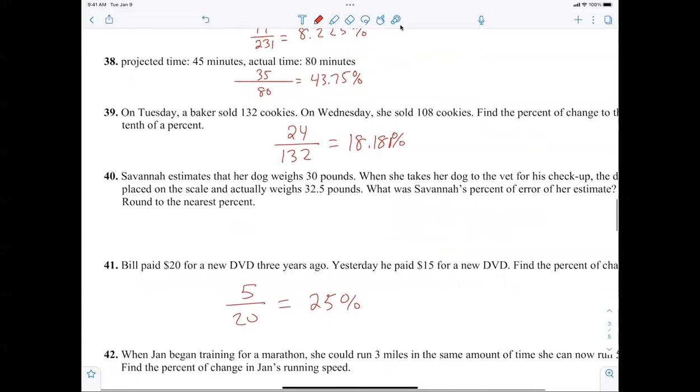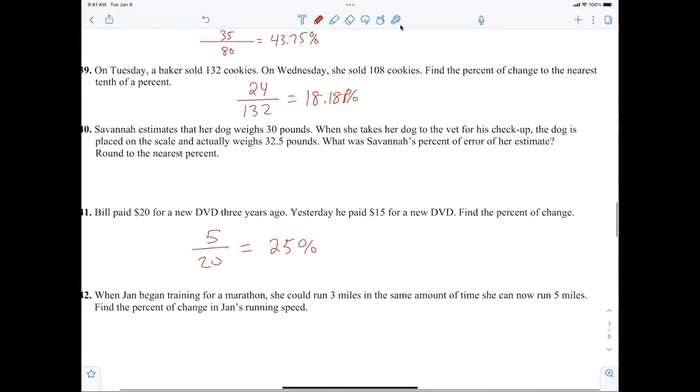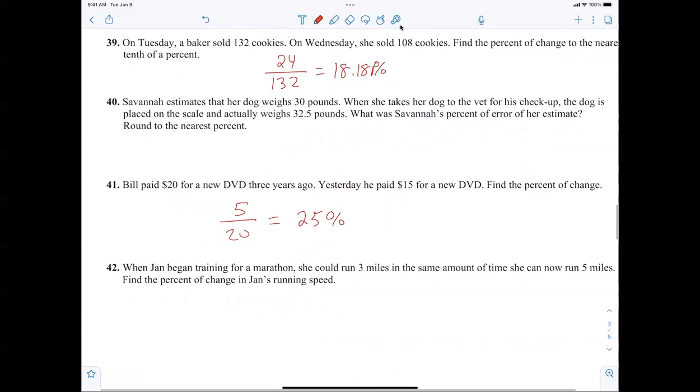Okay. Graham, you're up. You get to read the word problem today. Savannah estimates that her dog weighs 30 pounds. When she takes her dog to the vet for his checkup, the dog is placed on the scale and actually weighs 32.5 pounds. What was Savannah's percent of error of her estimate, rounded to the nearest percent? So what are we doing over?